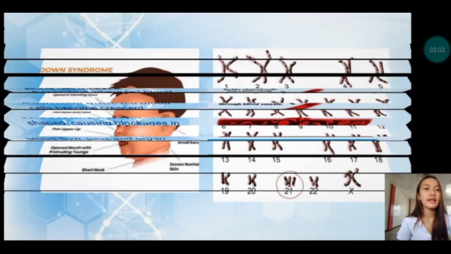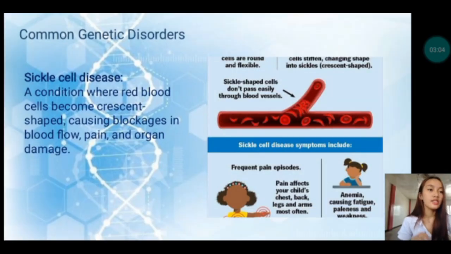The next is sickle cell disease. I will just explain it here. Sickle cell disease is a condition that affects the shape of red blood cells.